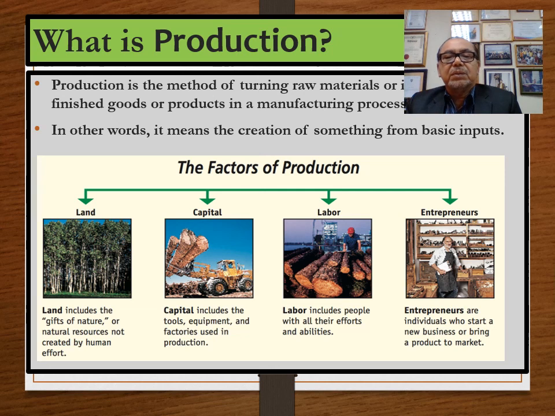Then I'll bring it to the labor, which includes people with all their efforts and abilities. That means we do the logging using the machinery and the people. And then we process it into a finished product. So that's what you as an entrepreneur will do to have the business product, or we call it a business.